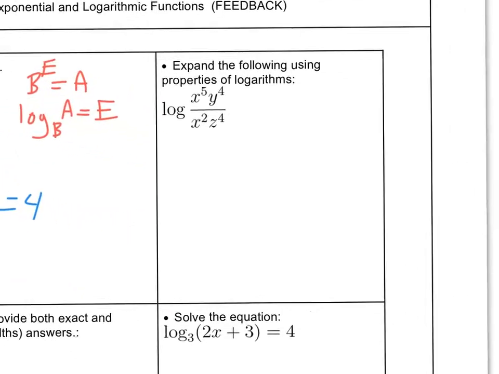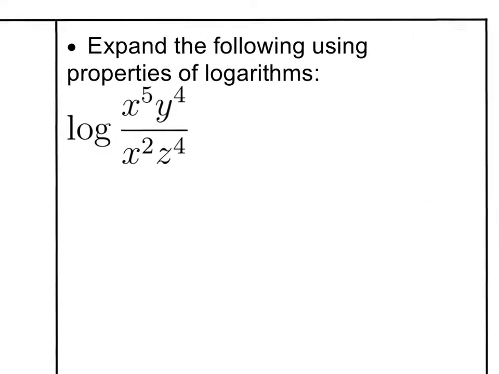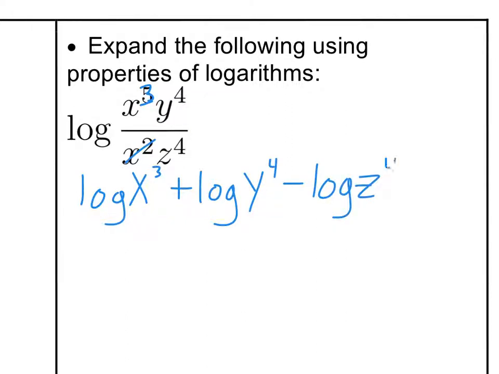For the second one, which is labeled with a dot instead of a number, we're going to expand this using properties of logs. The first thing we do is to expand all 4 pieces of this, although if I do x to the 5th over x squared, I can reduce that to be x to the 3rd, and that might be a little bit easier. So I might write this as log of x to the 3rd plus log of y to the 4th minus log of z to the 4th.